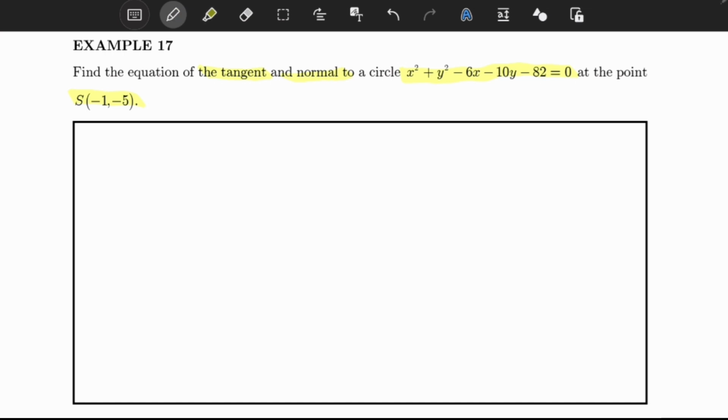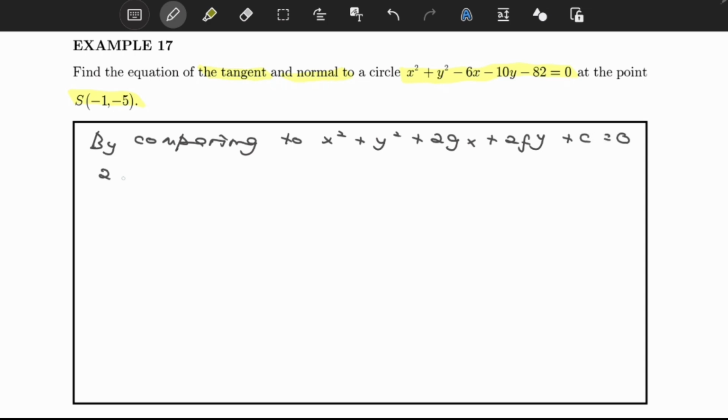So let's compare the equation of the circle with the general equation x squared plus y squared plus 2gx plus 2fy plus c equal to 0.